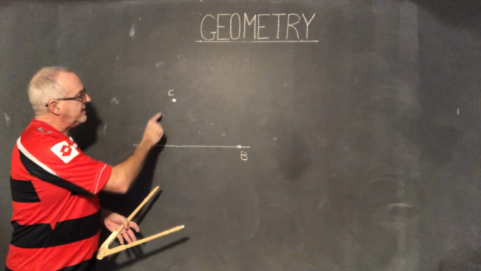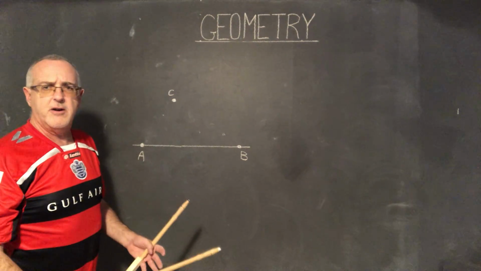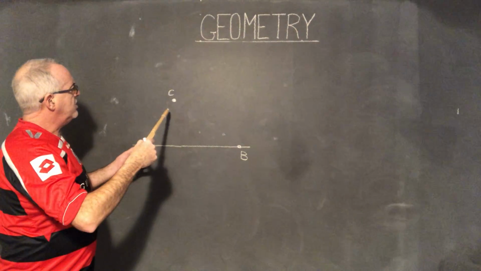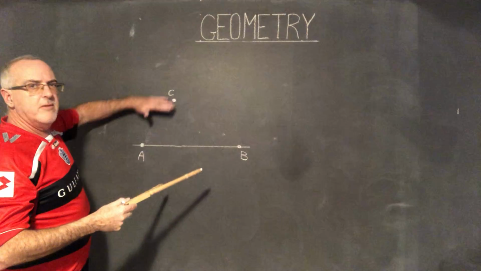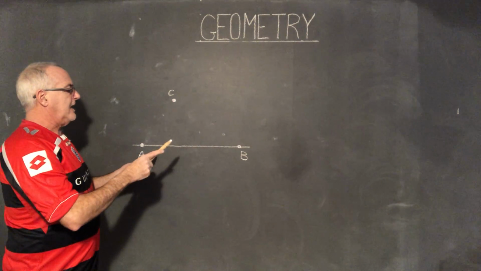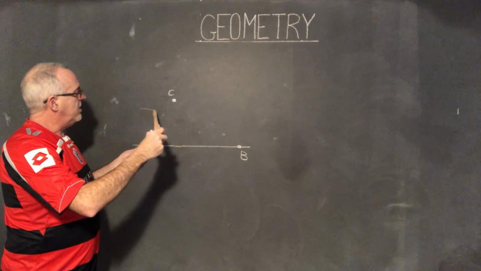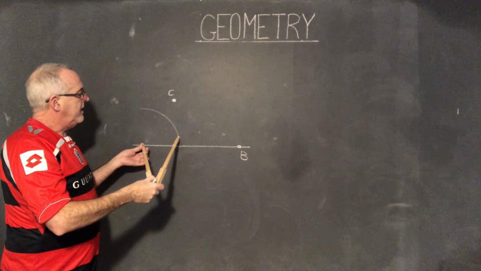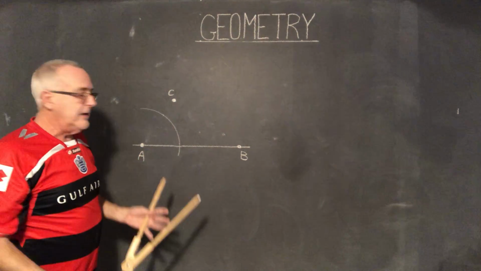I also don't want to draw the arc too close to point C because that would also create clutter. So I'm going to choose a distance from A that's sort of in between. It doesn't have to be exactly halfway. I think I'll do it like this. I'm drawing it right through line AB and making it longer than I probably need.